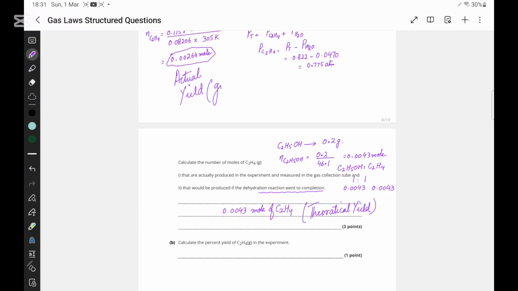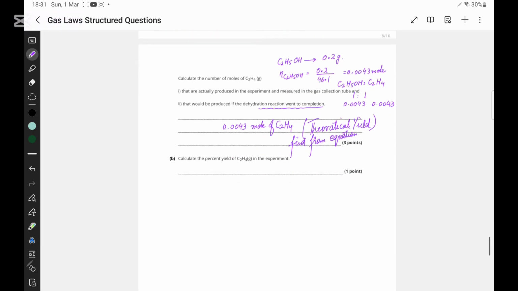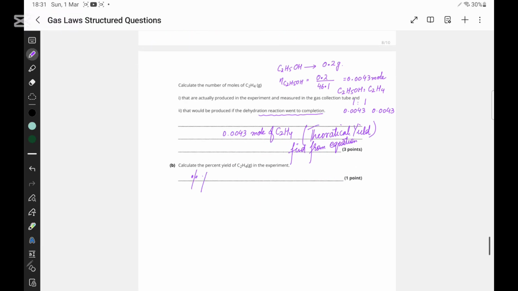Actual yield is actually given, and theoretical yield you find from the equation.